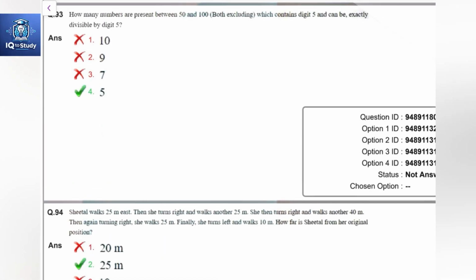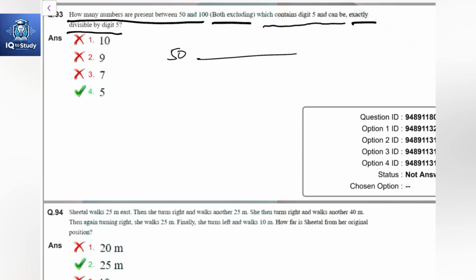How many numbers are present between 50 and 100, both excluding, which contain digit 5 and can be exactly divisible by digit 5? Numbers between 50 and 100 exactly divisible by 5 and containing digit 5 are 55, 65, 75, 85 and 95.